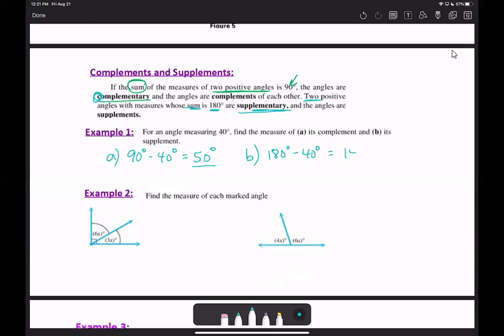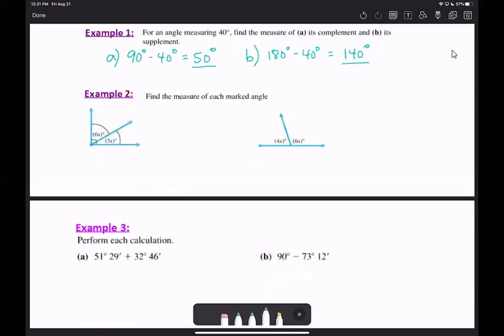In these next examples, we have to set up an equation to find the value of x and then substitute that value to find the angle measure. We're going to use the definitions of complementary and supplementary to do this. This is a right angle, so I know that the sum of the angles 6x and 3x will equal 90. I'm going to add those two angles together, set them equal to 90 degrees, and solve the resulting equation.